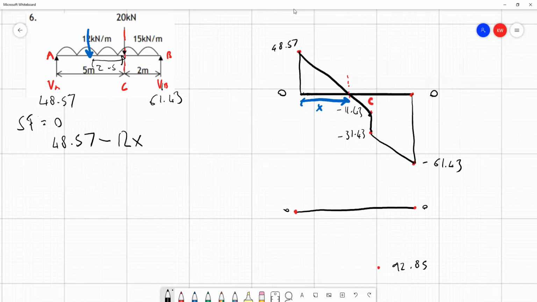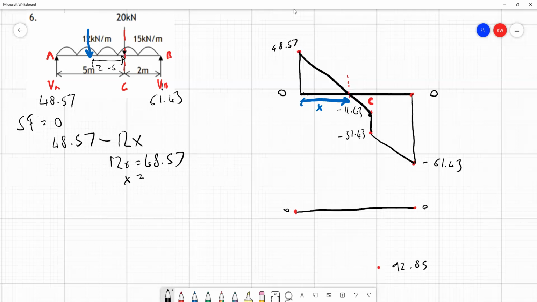So what is X? What is this distance we go from A to C where it balances out, where we have exactly 0 shear force? Well, we can work this out. We say 12X is equal to 48.57. So X is equal to 4.05 meters.